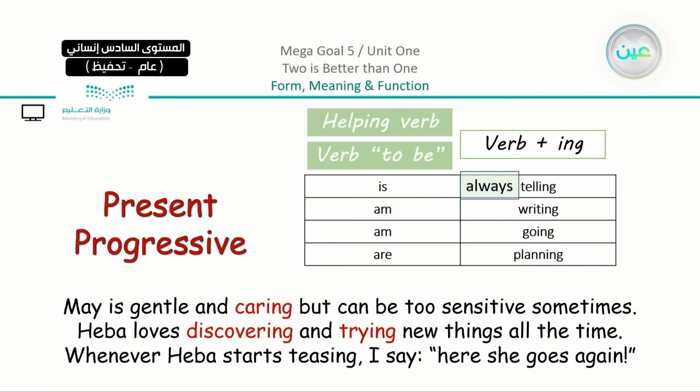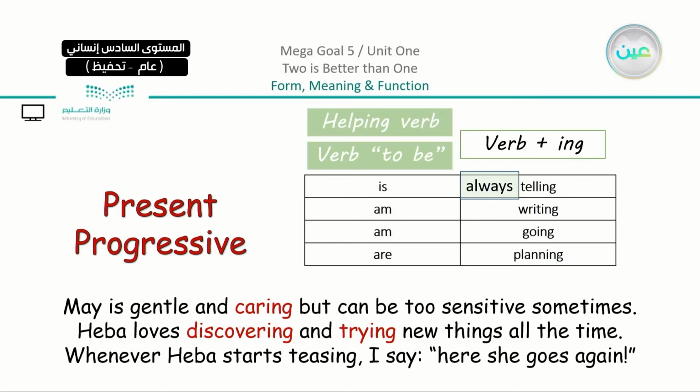Now from the examples, you can see that we have gerunds. Gerunds are words that have the ing. They are a verb form, but actually they function as a noun. So here, their place in the sentence, every verb is a noun, not a verb. And just to cover up, you can see that I added here always telling.